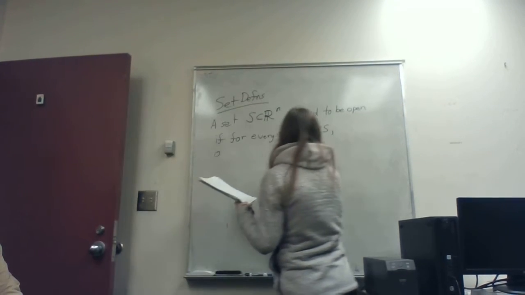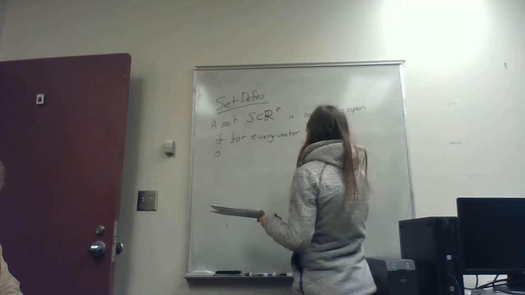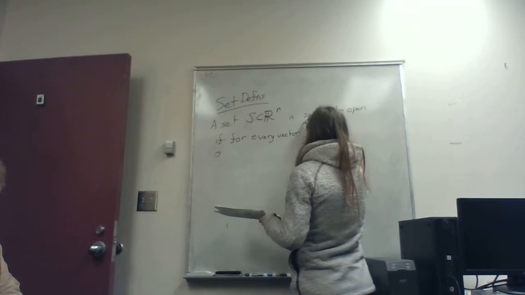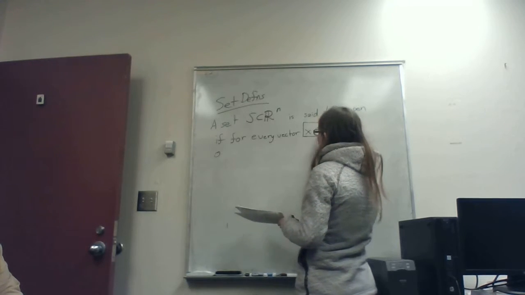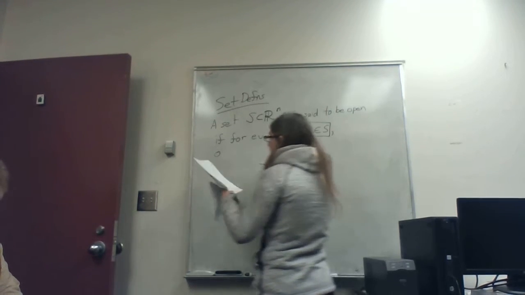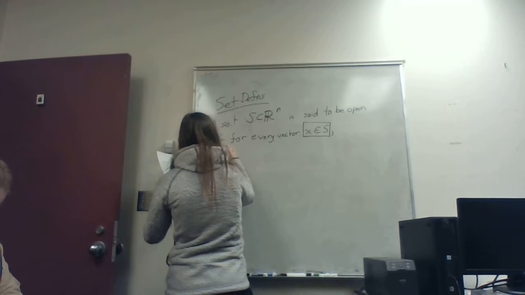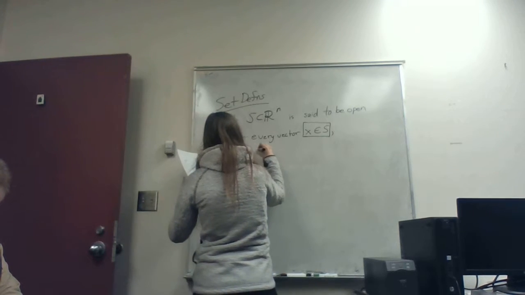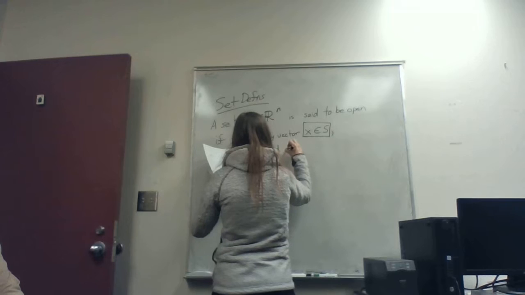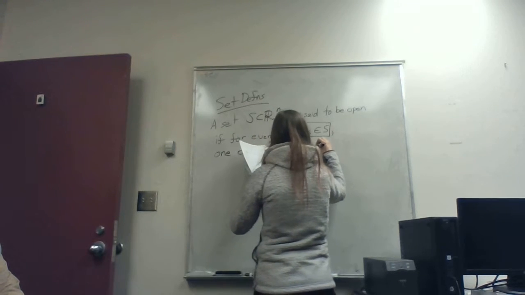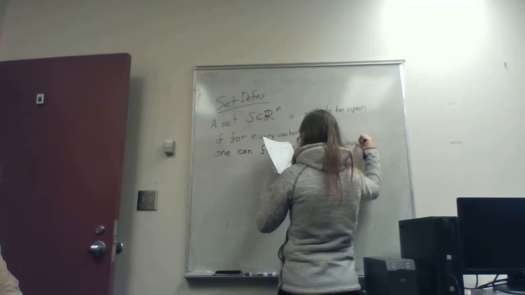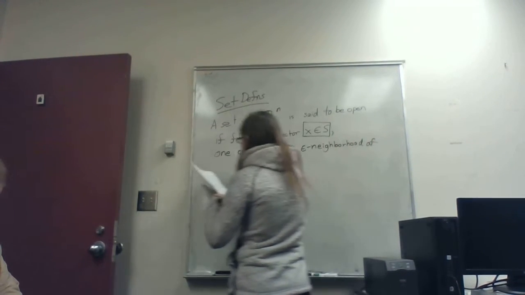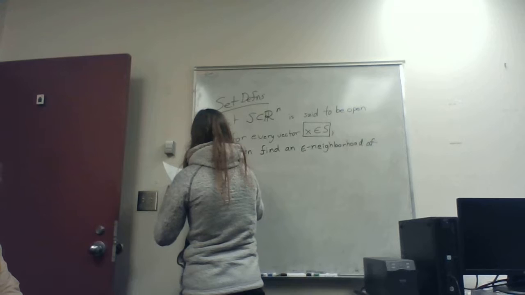So this means X is a member of the set S, is what this notation signifies. One can find an epsilon neighborhood of X. I'll go through this in just a minute.